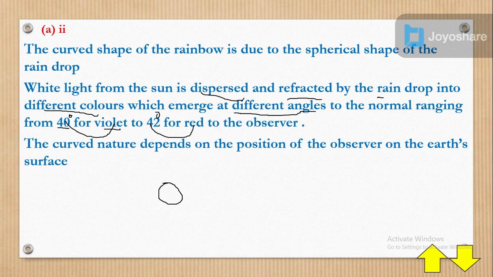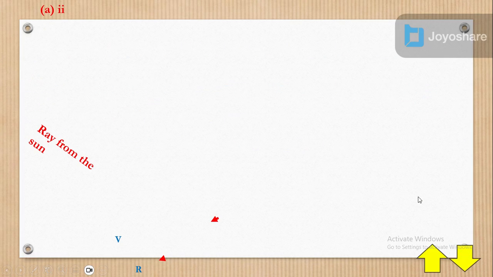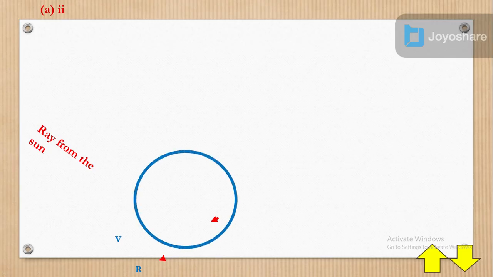The curved nature depends on the position of the observer on the Earth's surface. Now that is more theoretical. Let's go and see it from the pictures. Here, for example, that's our raindrop.